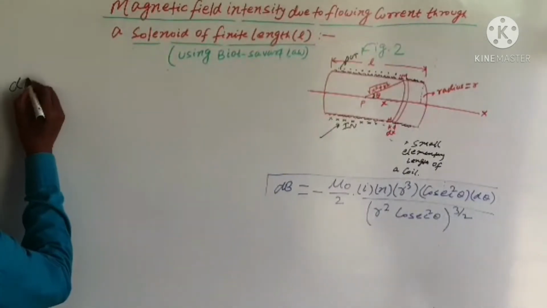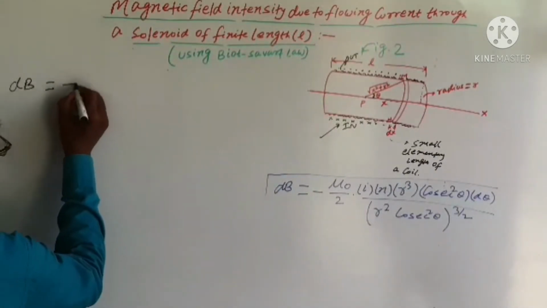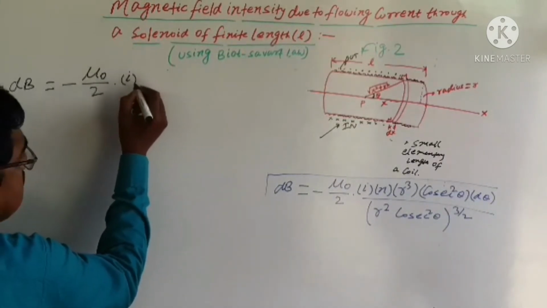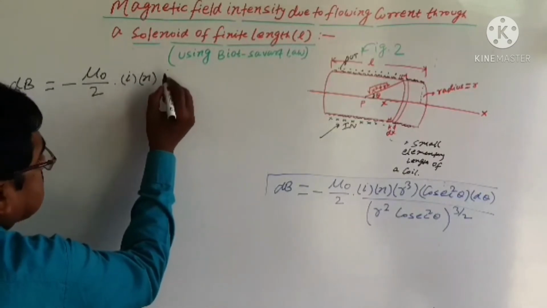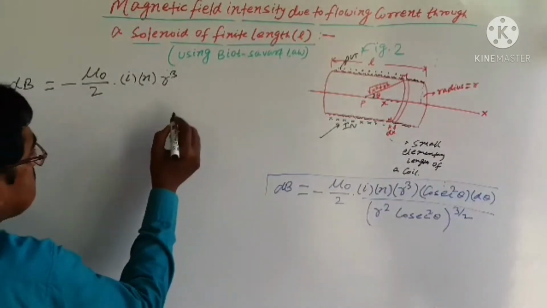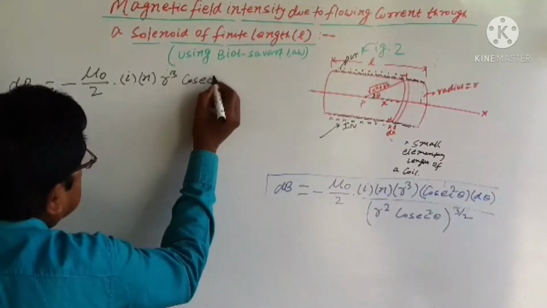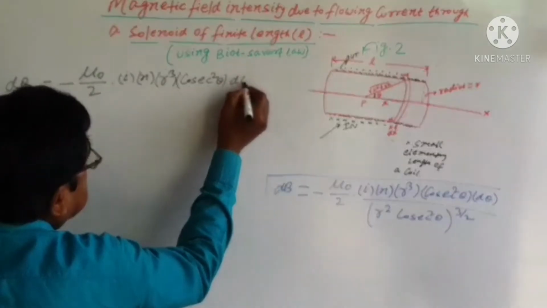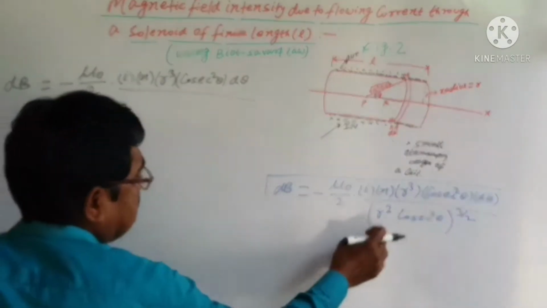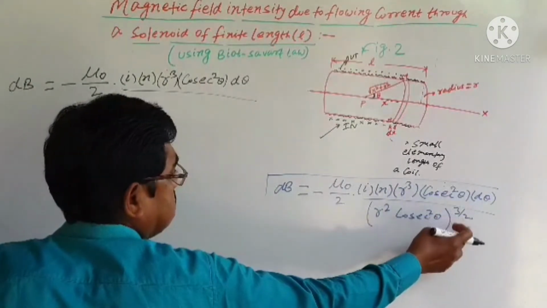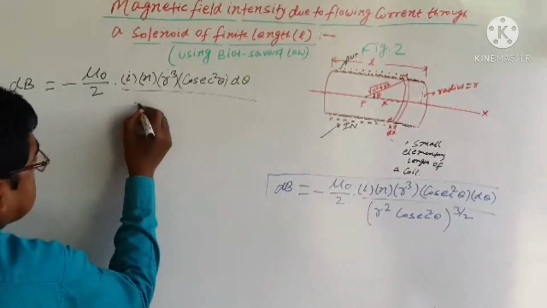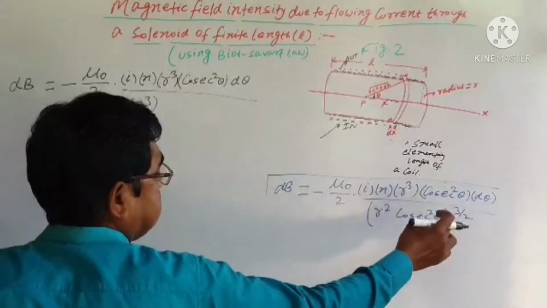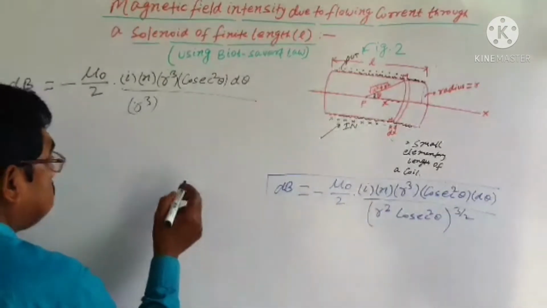dB is equal to minus mu naught over 2 I n r cube cosec square theta d theta, and this is upon r square multiplied by 3 by 2, 2 cancel out, this is r cube, and this cosec square theta multiplied by 3 upon 2, this is cosec cube theta.